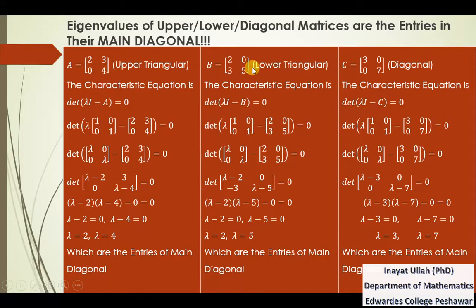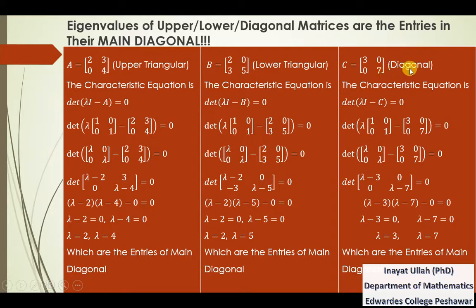Similarly, if a matrix is lower triangular, repeating the same story, we obtain here 2 and 5 as eigenvalues, and 2 and 5 is actually the main diagonal of this lower triangular matrix. So whenever a matrix is lower triangular, then its eigenvalues are the entries of the diagonal, 2 and 5.